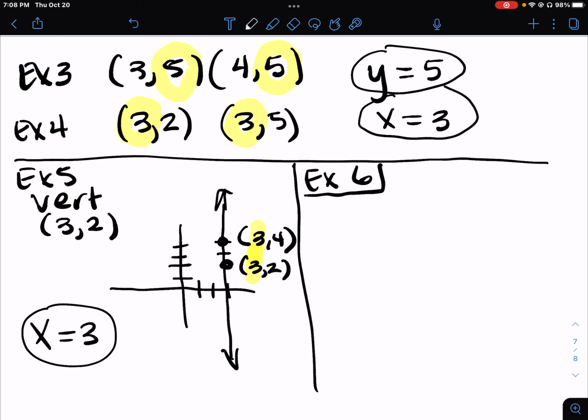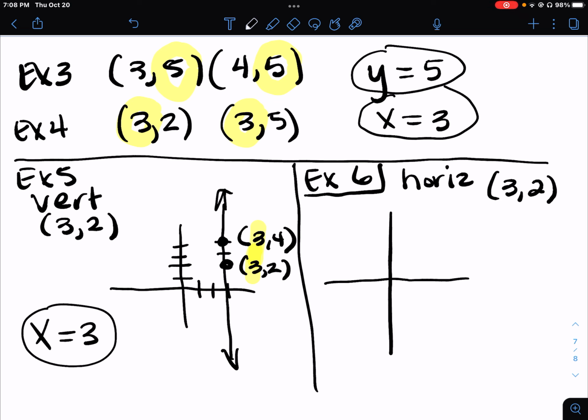What about a horizontal line that goes through 3, 2? Okay, plot 3, 2, right 3, up 2. Here is a horizontal line that goes across. Okay, let's plot the point right beside it and name that point right beside it.